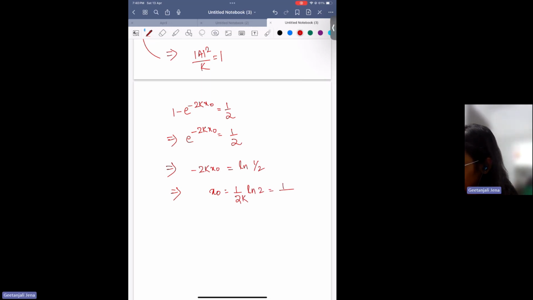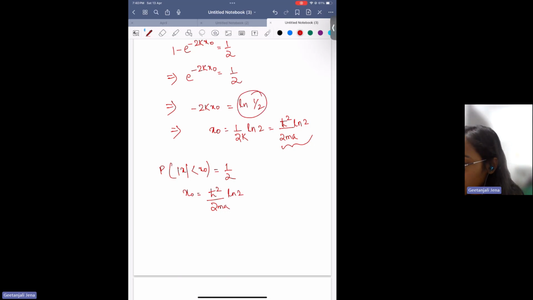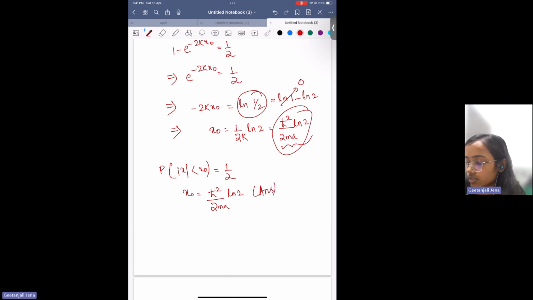And 1 by k is h-cut squared by ma, so this is the final expression. For the probability in this region to be half, we have to have x0 equal to h-cut squared by 2ma times ln 2. The ln half you can write as ln 1 minus ln 2, and ln 1 is 0. Now I have just rearranged: I have taken minus 2k to the right hand side and got this expression. So this is the answer to this question.